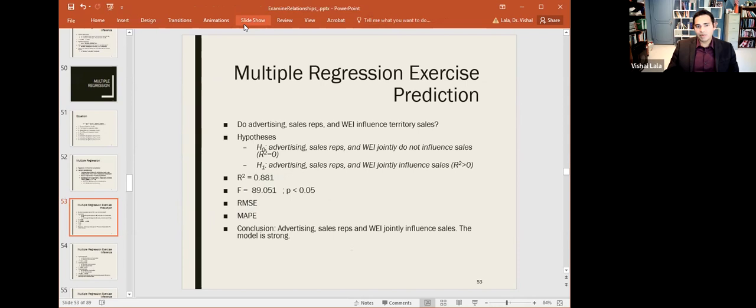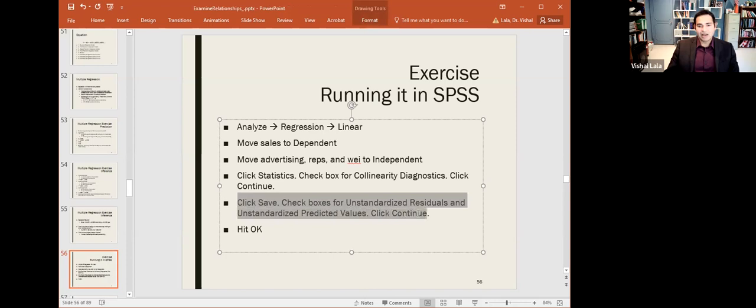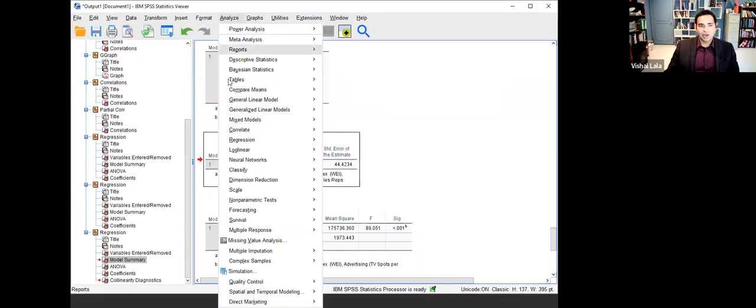Let's go and figure out where this error comes from. In the slides are some instructions we're going to follow to get that error value. Specifically, when running a regression, we're going to request our unstandardized predicted values and unstandardized residuals. Our next step then would be to go back to SPSS. We're going to run our regression.